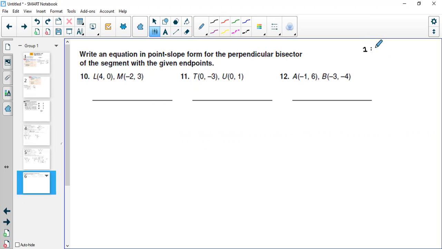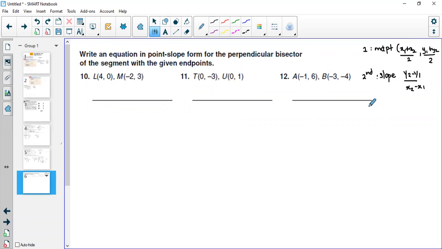The midpoint formula is x1 plus x2 over 2, y1 plus y2 over 2. The second step is to find the slope. To find the slope, you will use the formula again, y2 minus y1 over x2 minus x1.